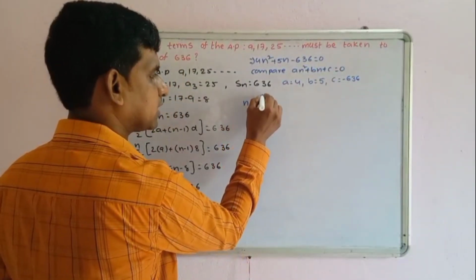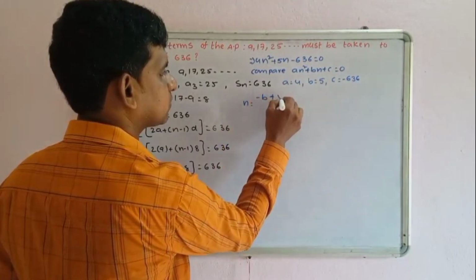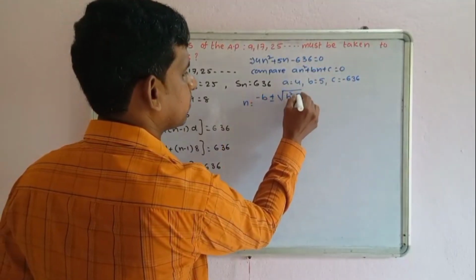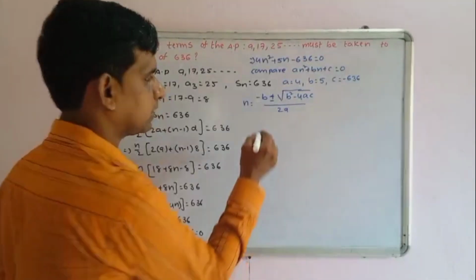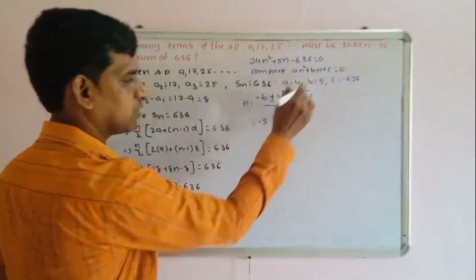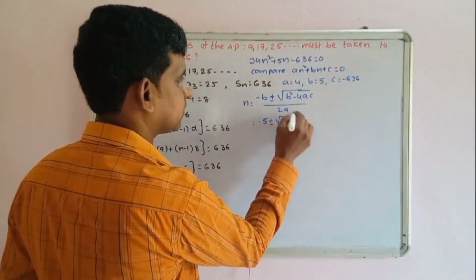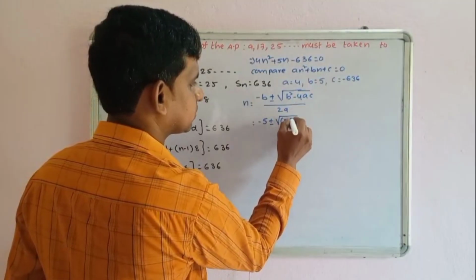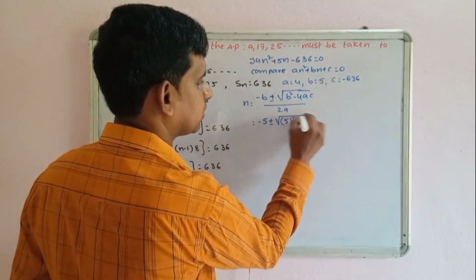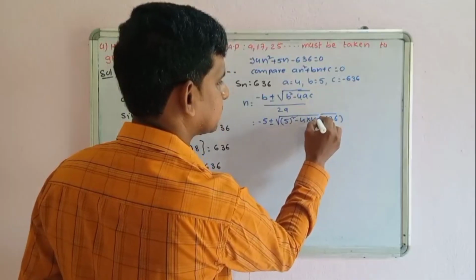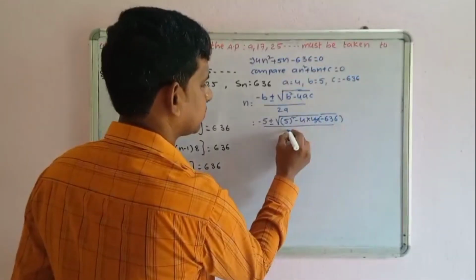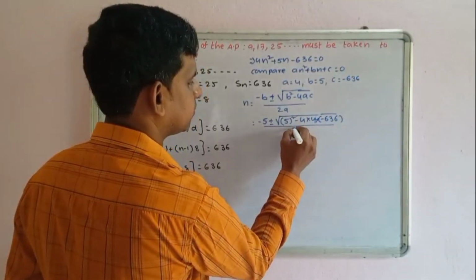n equals minus b plus or minus square root of b square minus 4ac, by 2a. Minus b is minus 5 plus or minus square root of b square, b value how much, 5 square, minus 4ac, 4 into a into c value minus 636, by 2a, 2 times a value 4.